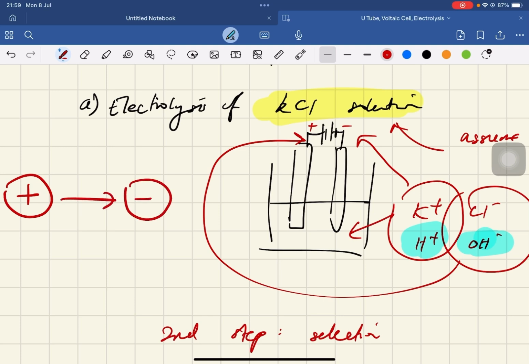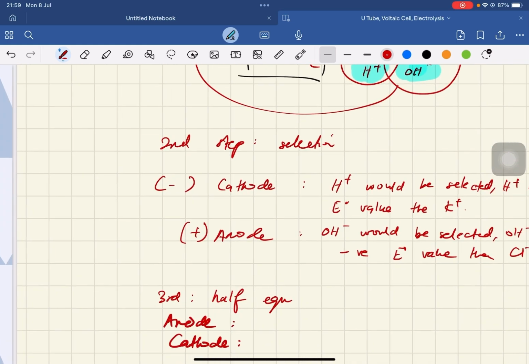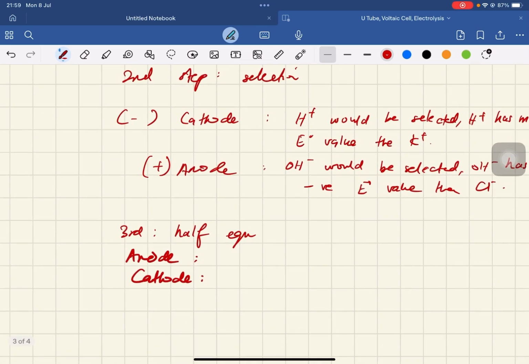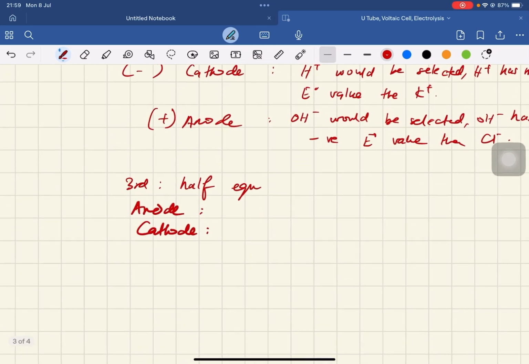At the positive terminal, the anode, OH will donate, meaning its electrons are on the right side.